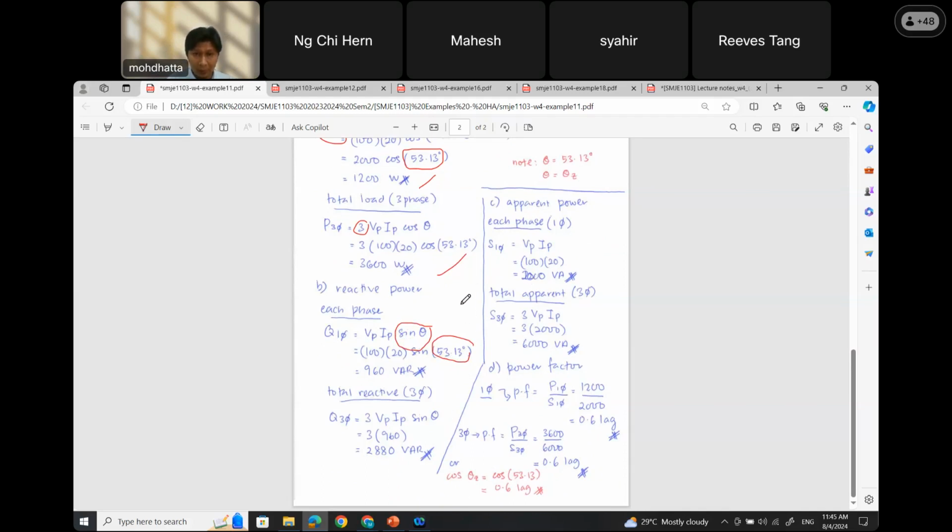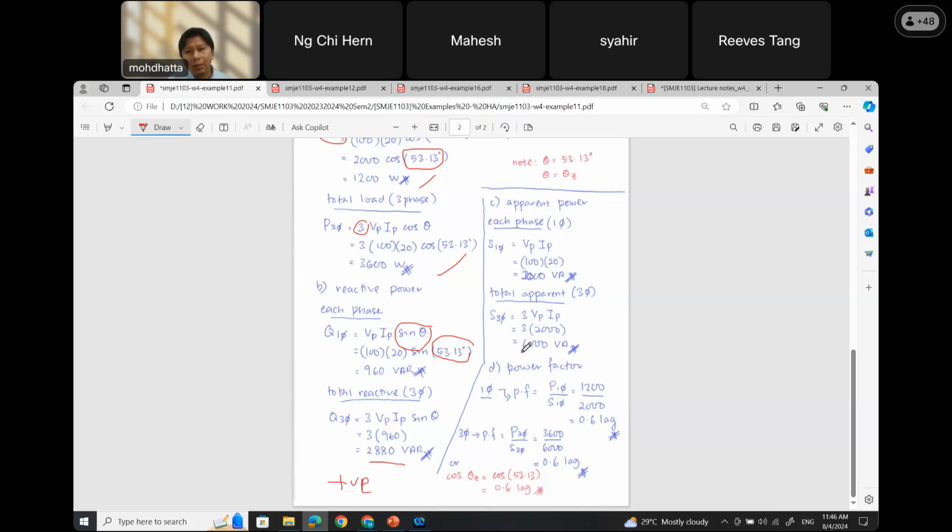Put all the values over here, and you get 960 VARs for single phase reactive power. To get the three-phase or total reactive power for the three-phase load, just multiply by 3, and we will have this value. And as predicted by our friend just now, we have a positive value of reactive power.